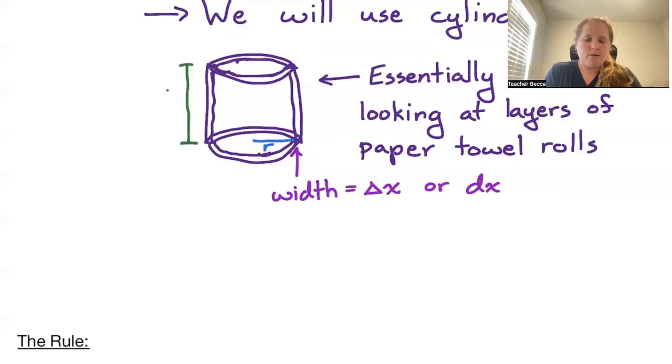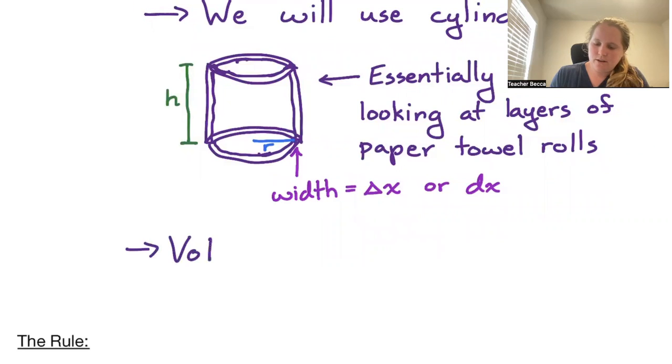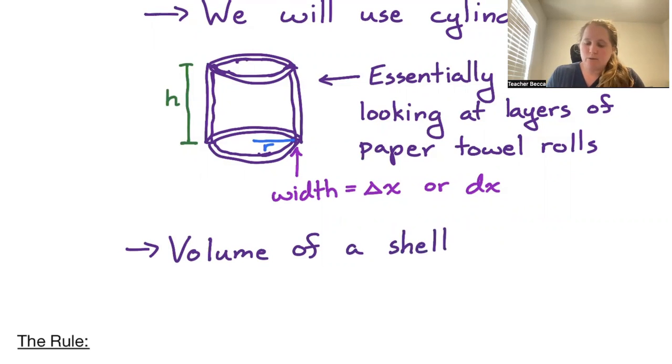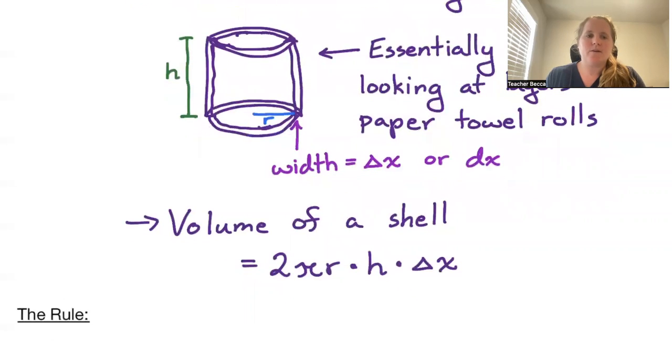So the volume of our paper towel roll, so the volume of a shell, is just the circumference, so 2 pi r, times the height, times that little width, or times dx. Right?